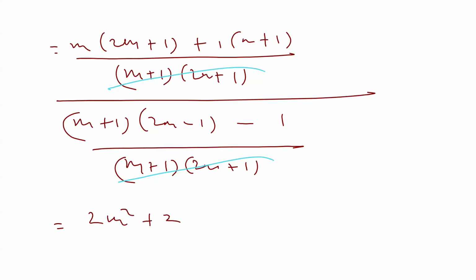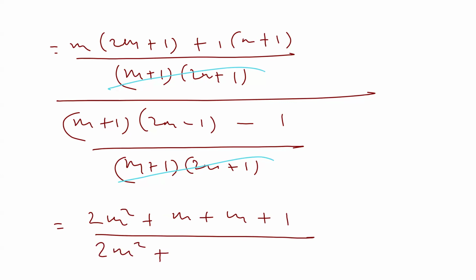So this and this is gone. 2m square plus m plus m plus 1. This will be 2m square plus 2m minus m. Just a second. 2m square minus m plus 2m is m, minus 1, and this is also minus 1.